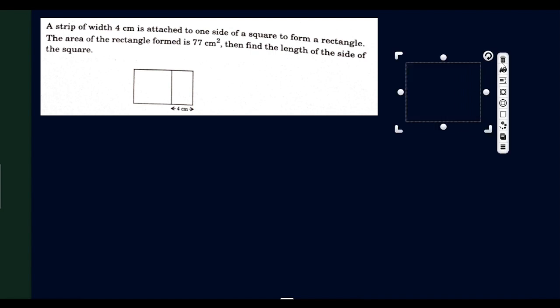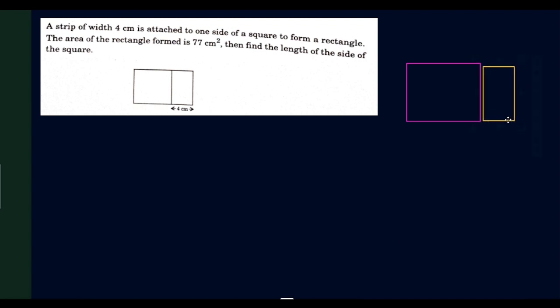So initially it is in the shape of a square. Now what he has done is attach a rectangle to it. So I'm going to attach a rectangle to this.